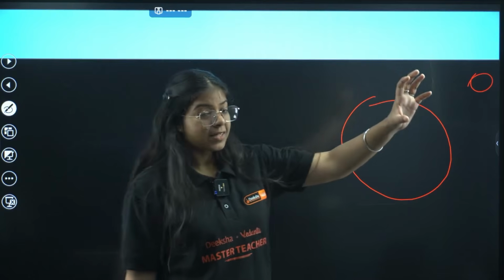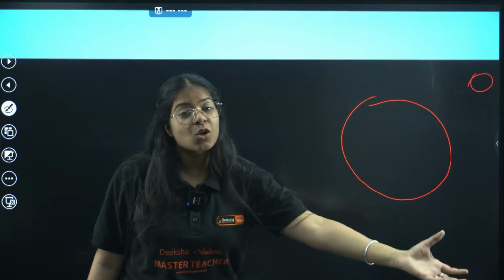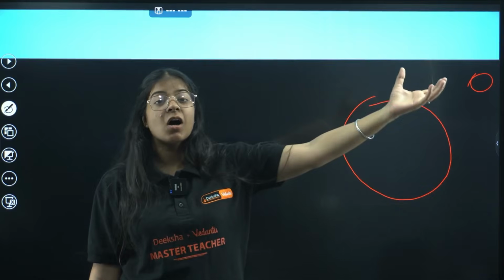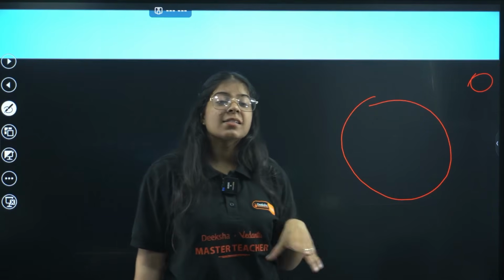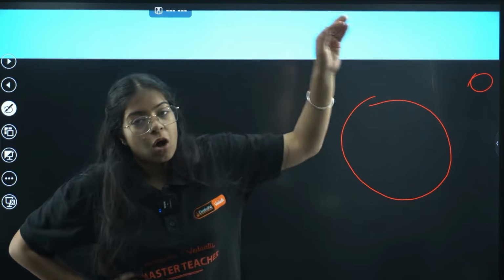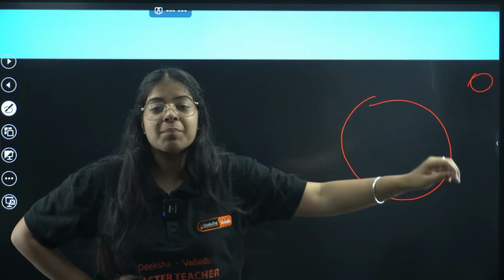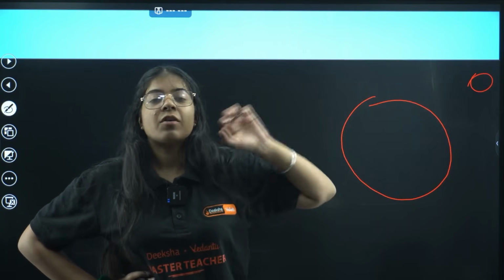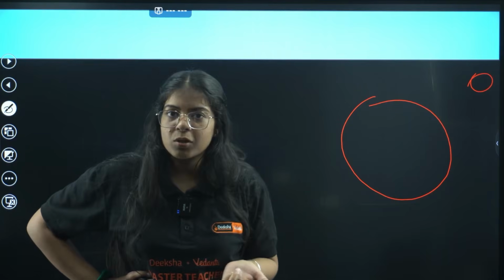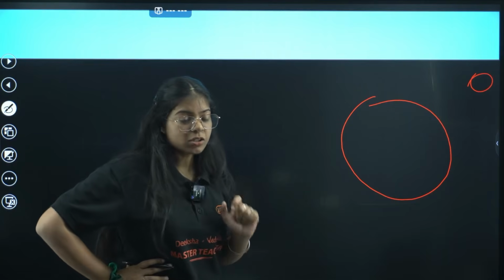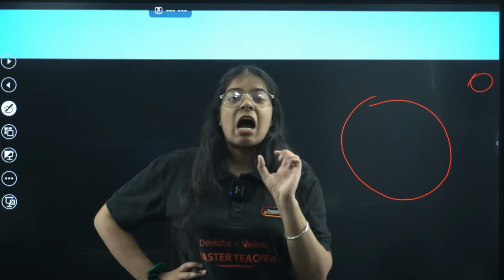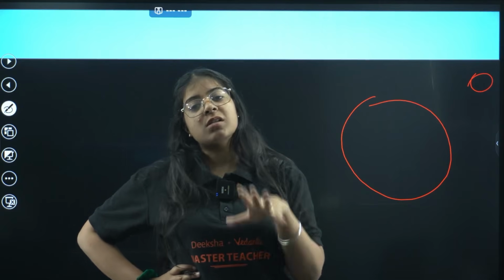Like we are seeing the sun, but the sun has not passed the horizon yet. And at the sunset, the sun has already been set, already got down from the horizon, but we are still able to see the sunset. So sunset or sunrise is seen before and after 2 minutes of the actual sunset or the sunrise.